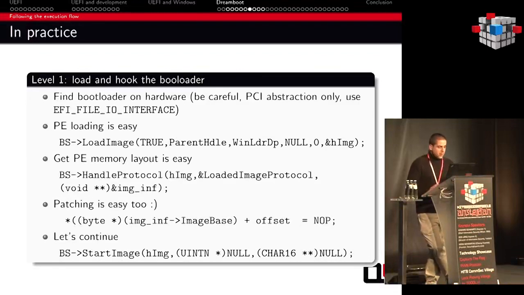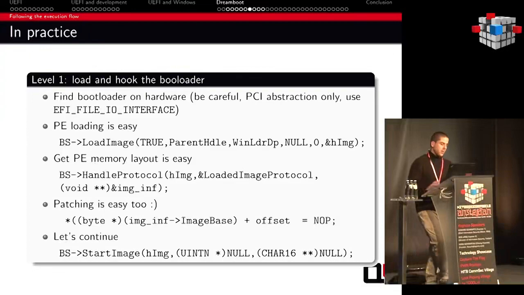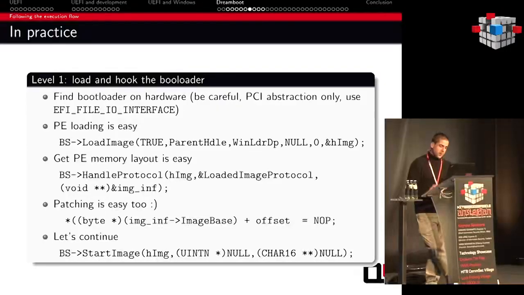But the image base is enough because we just want to put a hook on code. Next, we make a classical pattern search in memory, and we can put our hook on a specific function. And next, we can transfer the execution flow to the Windows bootloader just by using the StartImage function. So that's very, very easy to make the first level.